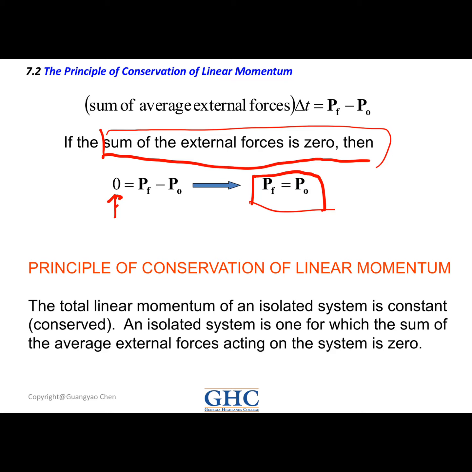So we have the principle of conservation of linear momentum. The total linear momentum of an isolated system is conserved. An isolated system means the sum of the average external force acting on the system is 0.